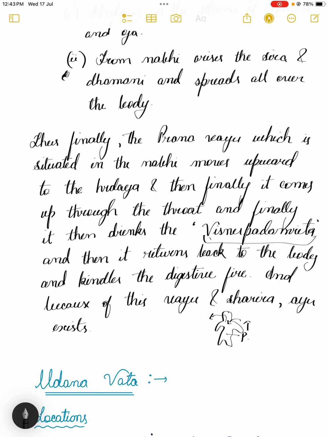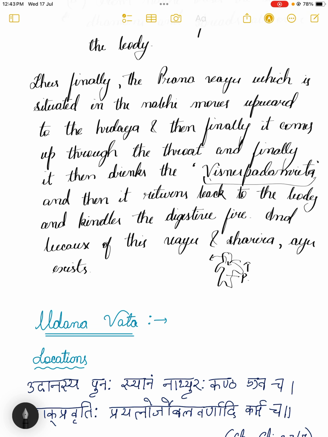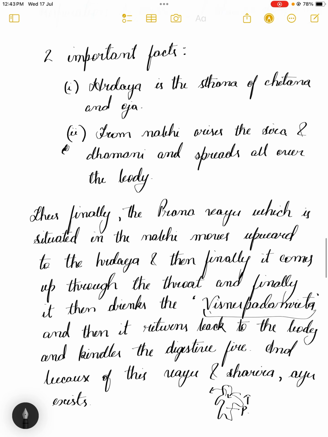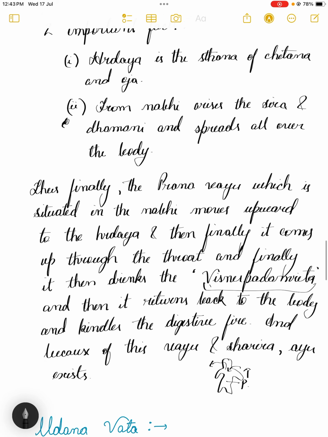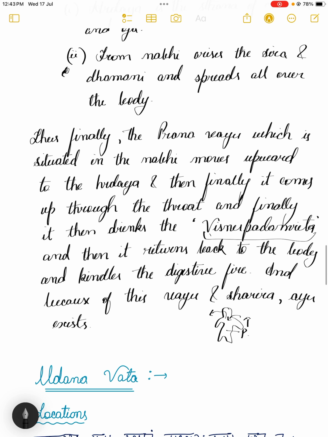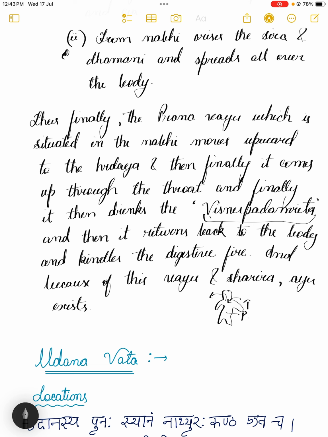By charge, we mean that it is taking in the oxygen and then returns back to the body and kindles the digestive fire, and then again performs the other metabolic functions. So this is the respiration process or the Shwashadi karma done by the Pran Vayu. That is why Pran Vayu is very important, and any vitiation in it could directly lead to death or very fatal or serious conditions.